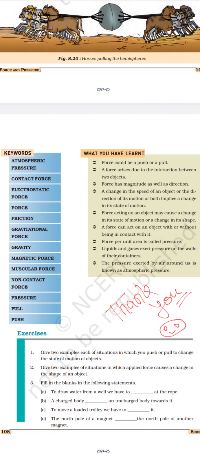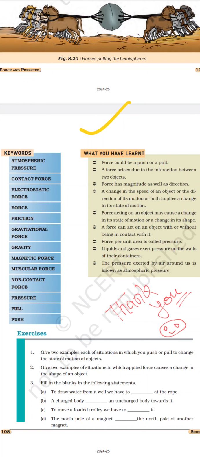Now we will discuss what you have learned. First, force could be a push or a pull. Next, a force arises due to the interaction between two objects. Next, force has magnitude as well as direction. Next, a change in the speed of an object or the direction of its motion or both implies a change in its state of motion.